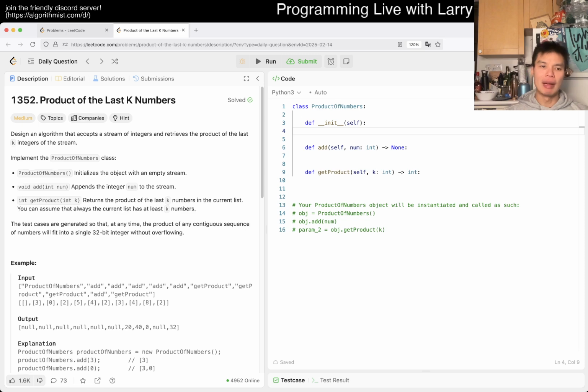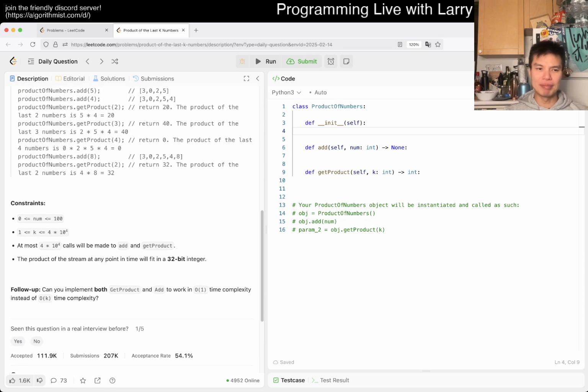Honestly, not quite sure. I think one thing we can maybe take advantage of is that this is 100, right? So this one is a little bit trickier now, but it's still not too bad per se. I think the key thing to notice is that you only have a 32-bit integer. Like I said, you could do some prefix idea with modular inverse and stuff.